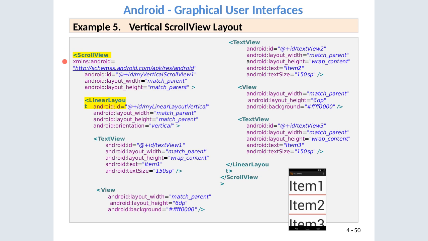In this case, you can see we have a scroll view here, which has a nested linear layout, and we have a number of text views inside there.